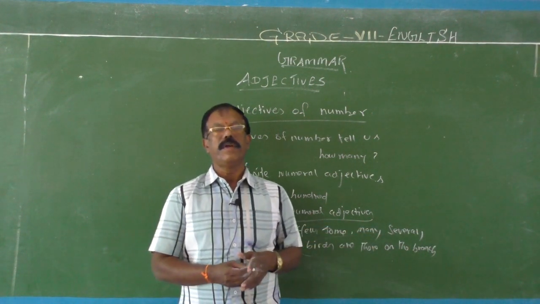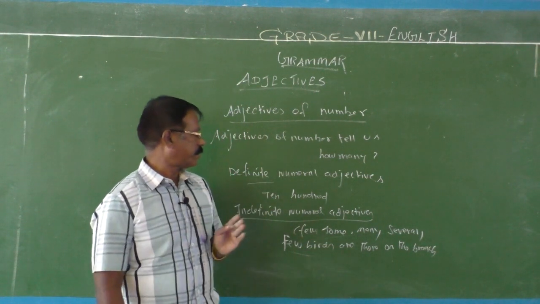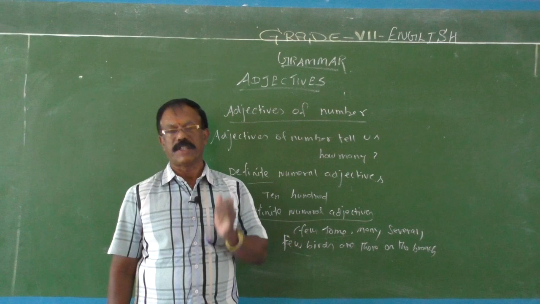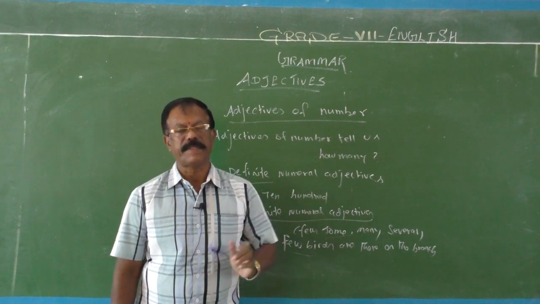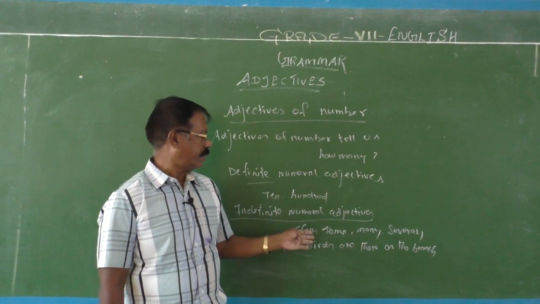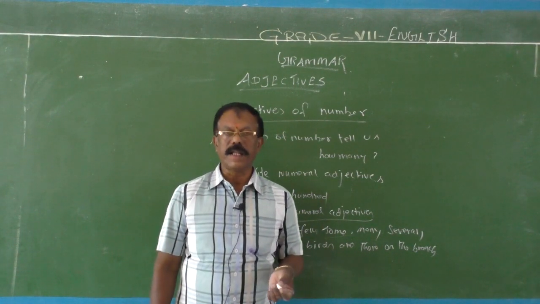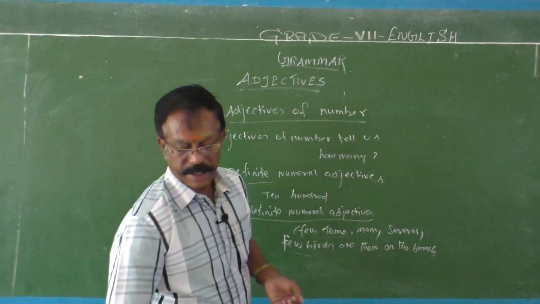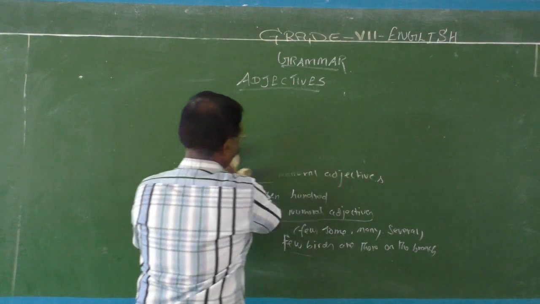All these are called indefinite numeral adjectives because they don't refer to exact numbers, or the numbers indicated by these adjectives are indefinite. And another thing, here you have to note one thing, children.